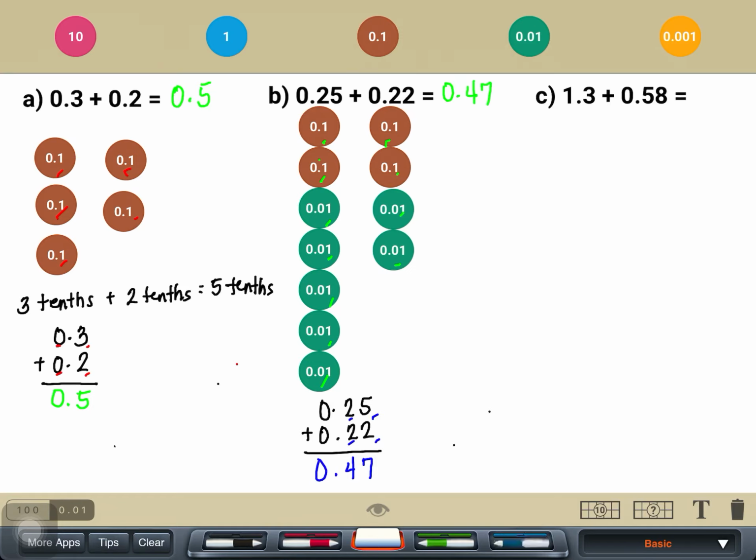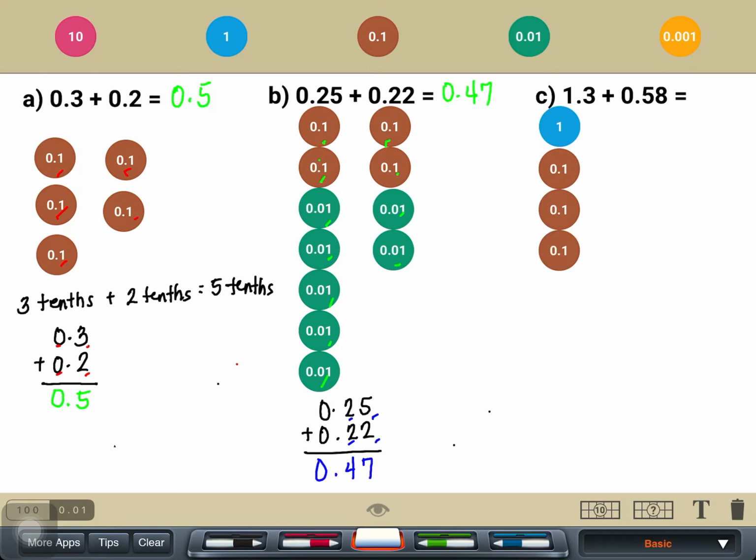And for our last example here, we have 1 and 3 tenths plus 58 hundredths. Okay, to visualize this, 1 whole and 3 tenths, 1, 2, 3, plus 58 hundredths.